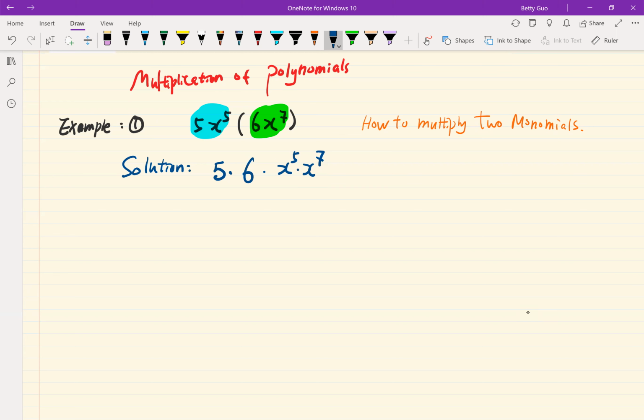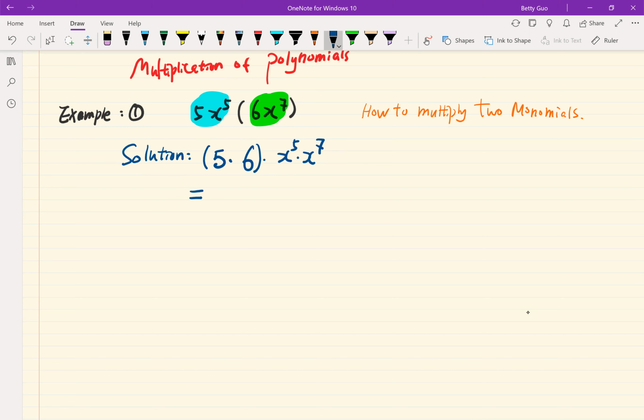So we switch the order of the factors in the product, putting the two numerical parts together and the two variable parts together. Coefficient times coefficient: 5 times 6 gives us 30.